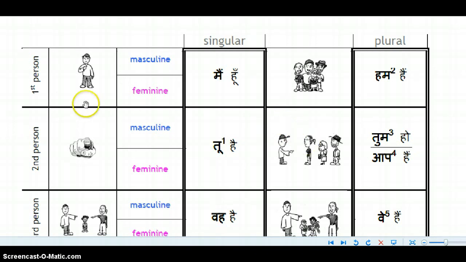Alright, so the first person singular, मैं हूँ, means I am. Second person singular, तू है, both for male and female. Basically, tu hai is a very intimate, or in some cases unpolite, way to refer to someone.